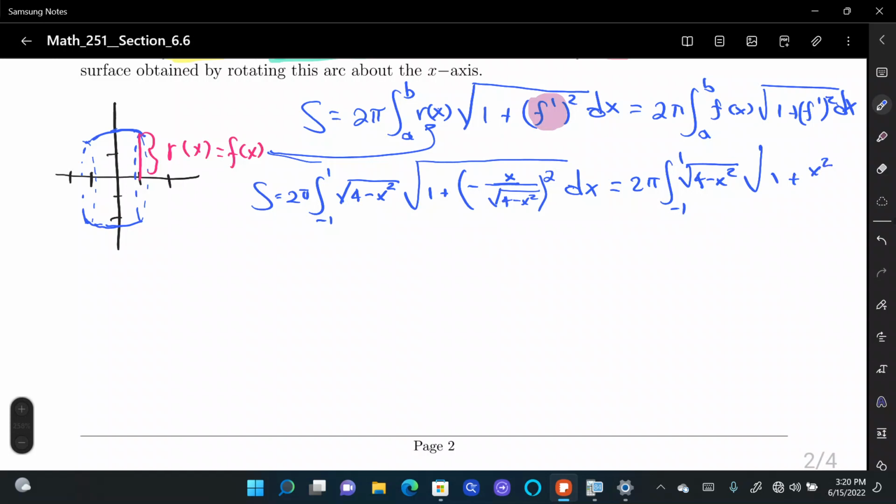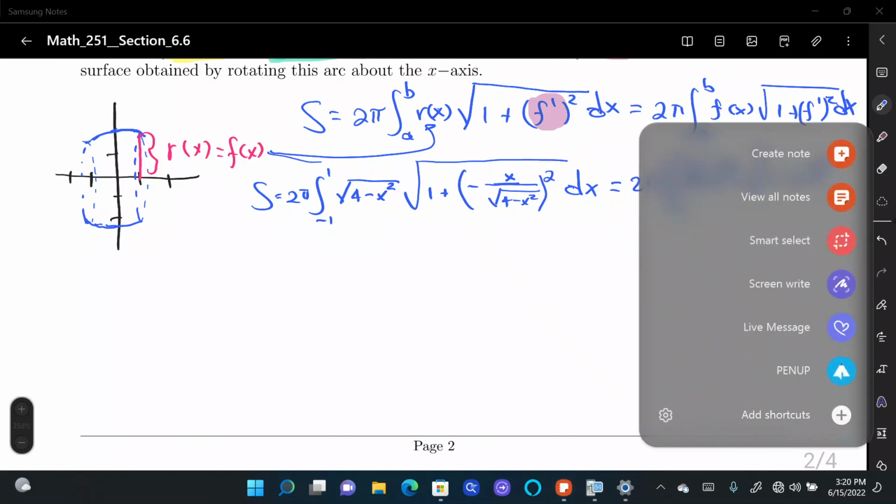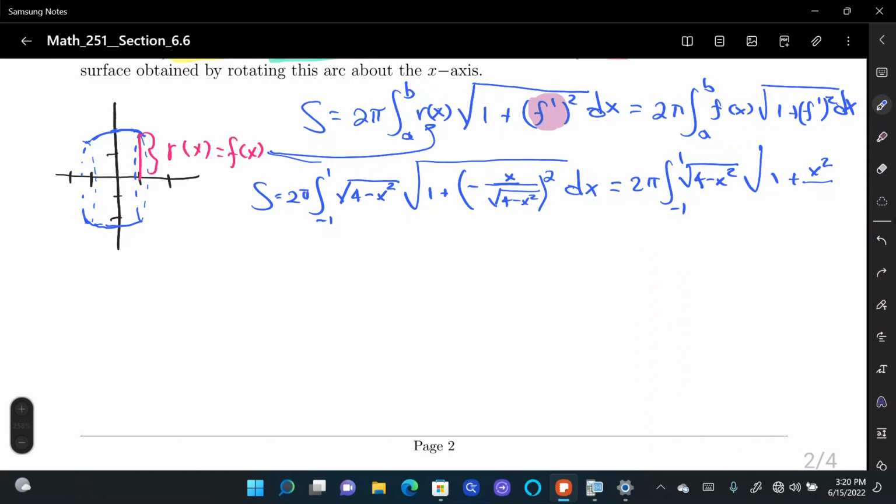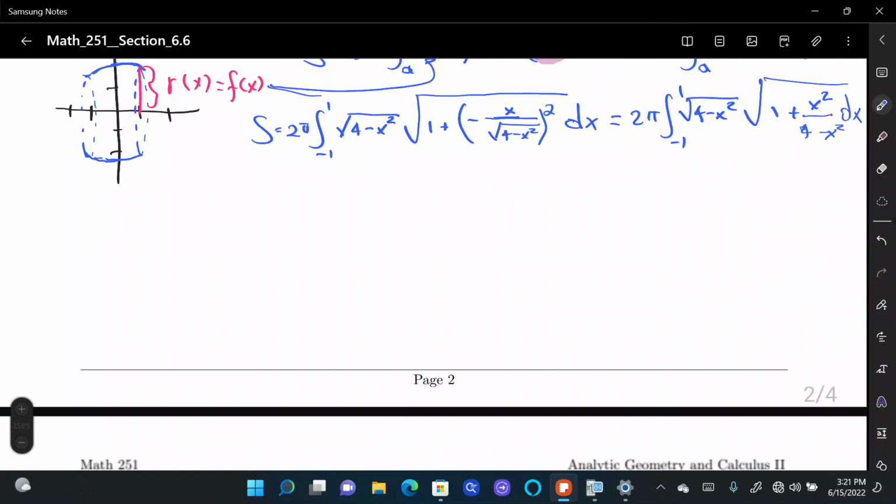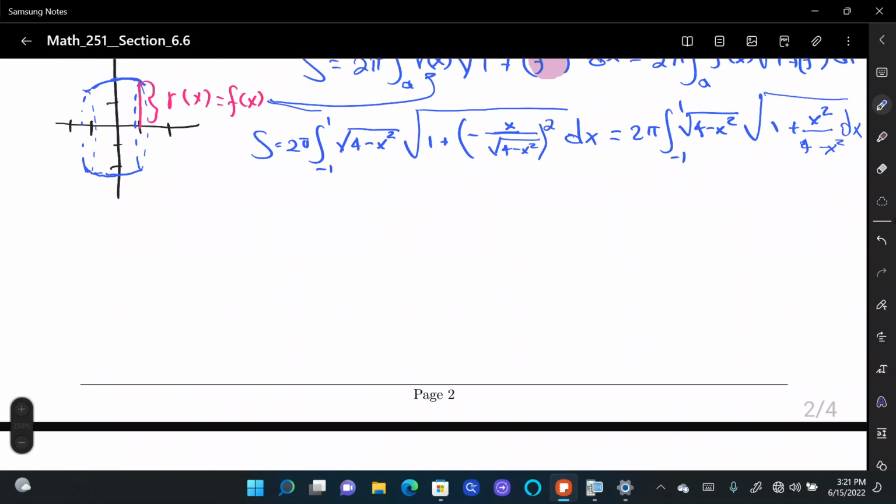The radical squared cancels the square, and that's okay. Four minus x squared, dx. Okay, so let's see what we're gonna do about this one.